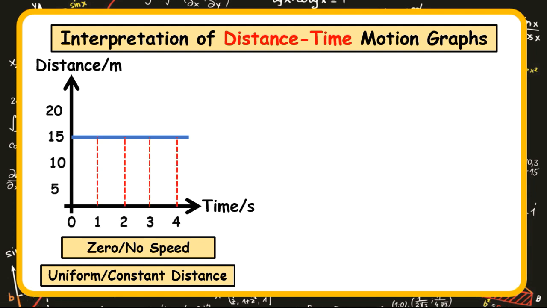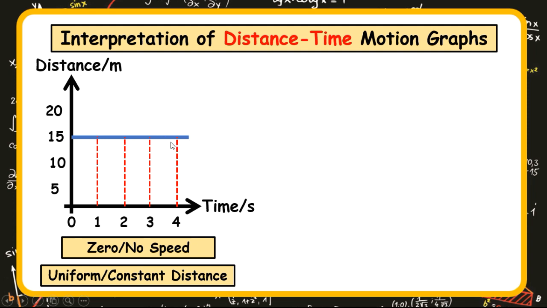Now, let me just put in some values to explain what we mean. We will do a detailed explanation with the velocity time graph. But with the distance time graph, what it means is at a time of 0, this body is at 15 meters. The time progresses to 1 second and the distance is still 15. 2 seconds, 15 meters. 3 seconds, 15 meters. 4 seconds, 15 meters.